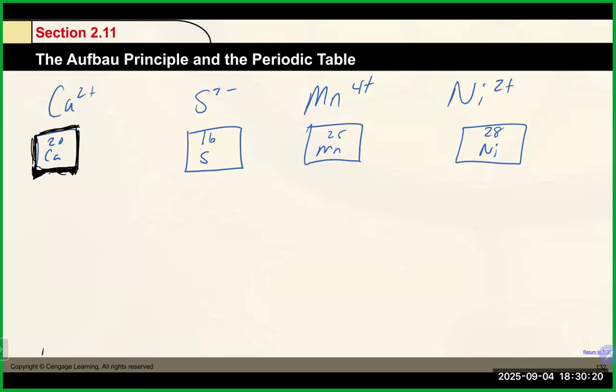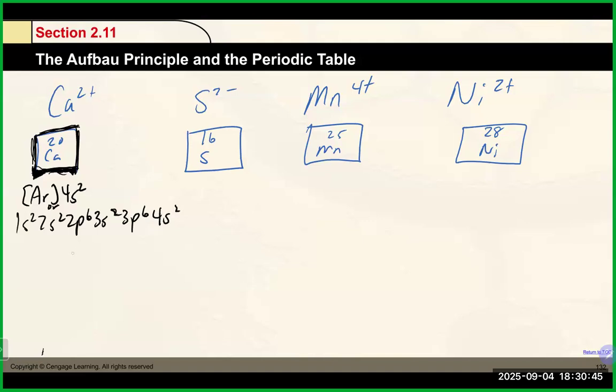Okay, let's take a look, see how you're doing. So we'll start with calcium here, and we'll see calcium with no charge, which would be 20. So that would be a little argon, right, 4s2 in this case. Or again, 1s2, 2s2, 2p6, 3s2, 3p6, 4s2.